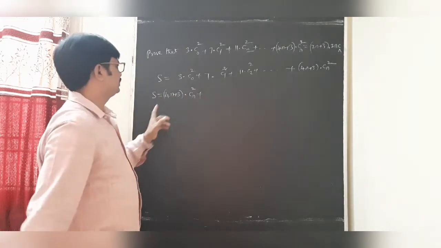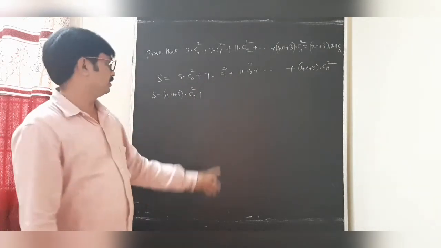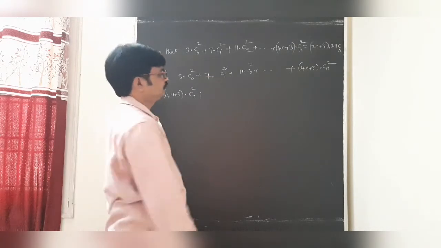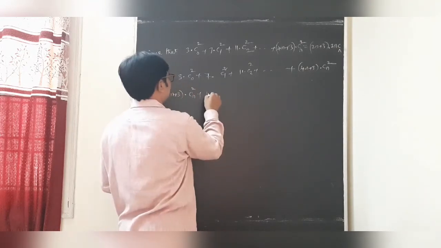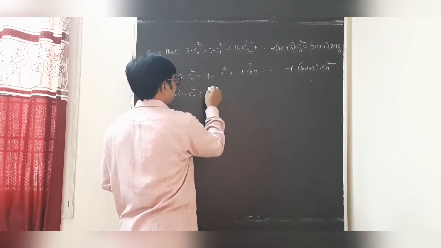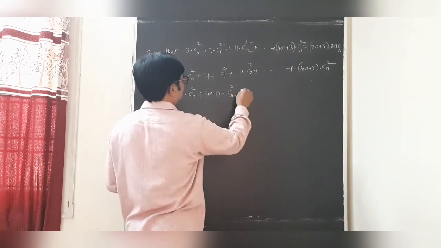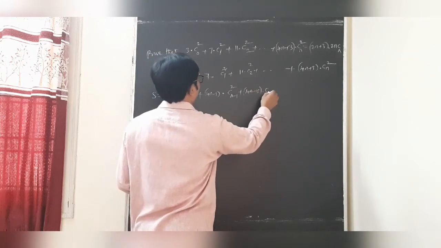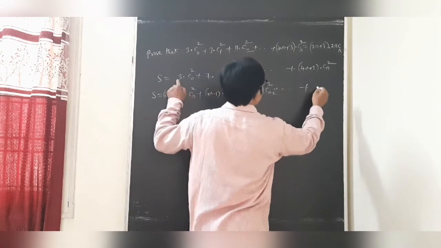The term before is 3 plus 4, 7, 7 plus 4, 11. So (4n minus 3 minus 4), that is (4n minus 1), into C(n minus 1) square. After that, (4n minus 5) into C(n minus 2) square.